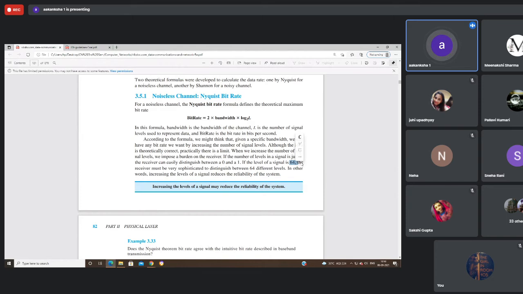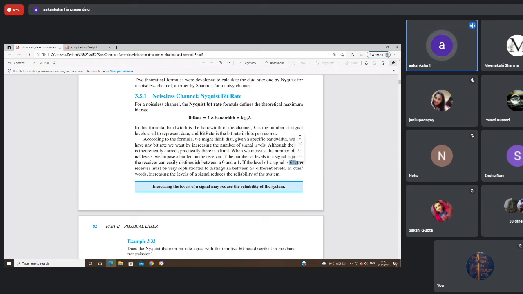Now suppose I am doing a communication, so my hardware receiver and hardware sender should be able to distinguish between the different levels physically. If I'm sending 0 volts, it should be interpreted as 0 volts. If I'm sending 1 volt, it should be interpreted as 1 volt. So my hardware sender device and hardware receiver device should be able to distinguish between the different signal levels, and it has to be designed appropriately.